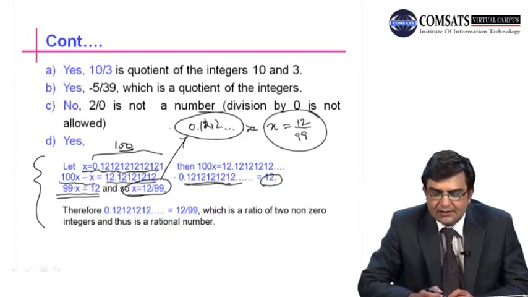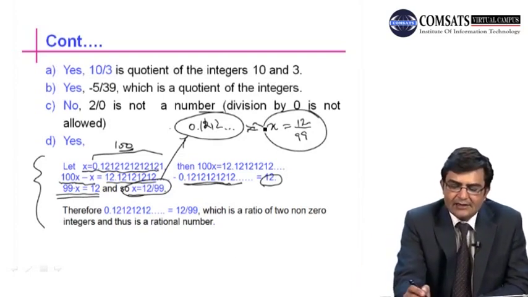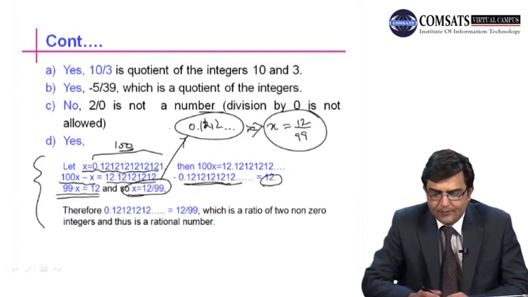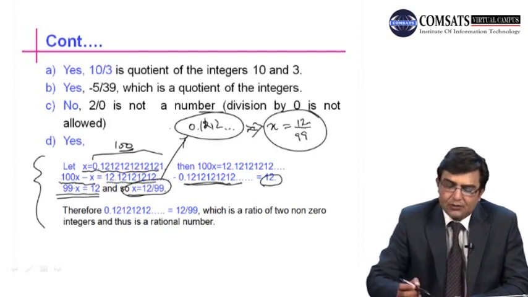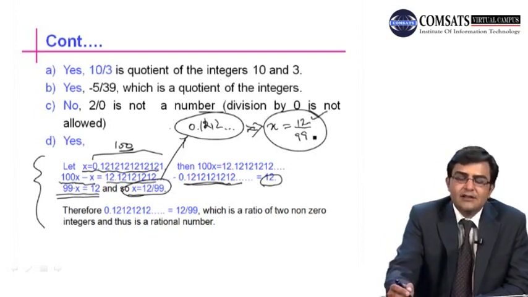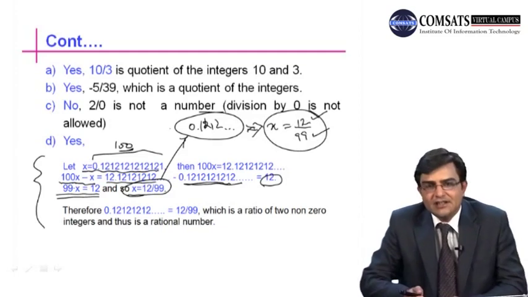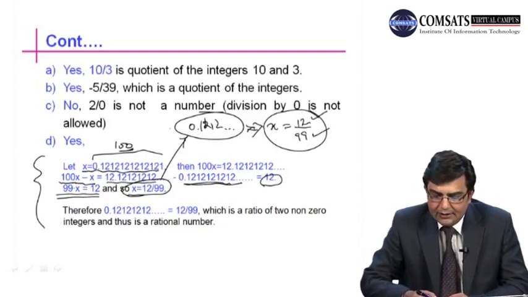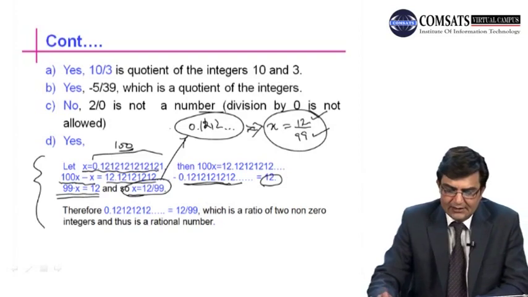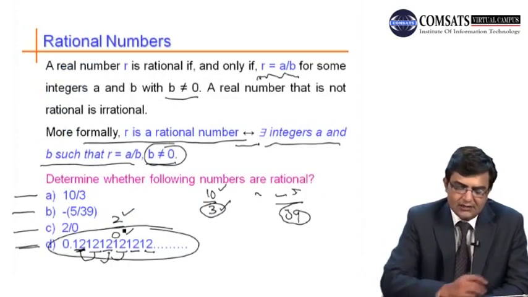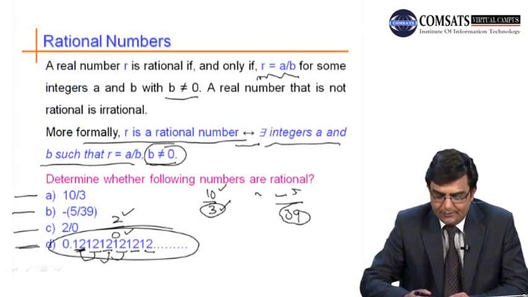Now we can check the two conditions imposed in the definition of rational numbers, because the numerator and the denominator are both integers, and the denominator is not equal to 0. Therefore this number, 0.1212 and so on, is a rational number.